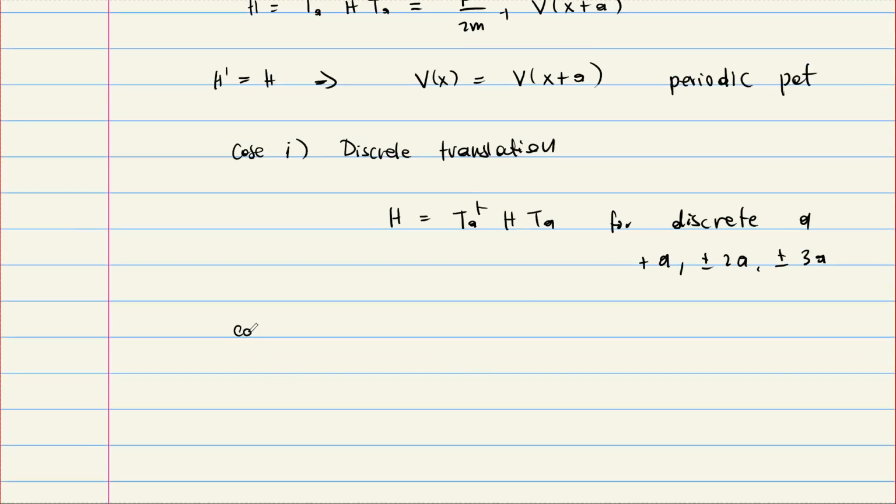And case two is continuous translations. And this one is, again, H is equal to T dagger H T for all a, for all a.